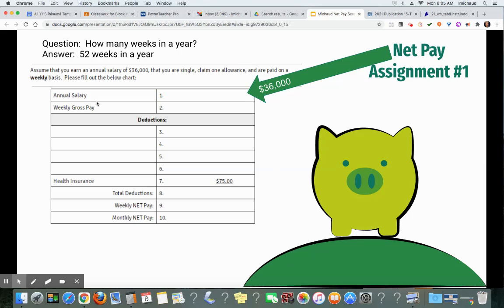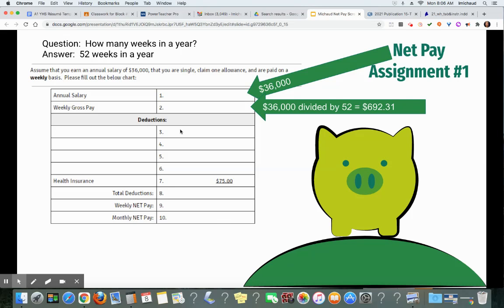If $36,000 is your annual pay, how will you determine your weekly pay? You divide 36,000 divided by 52. Your weekly gross pay will be $692.31.